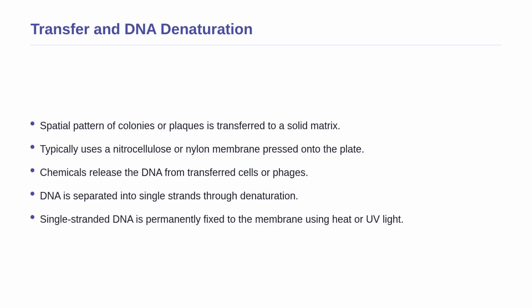Next, we undergo a process called denaturation, which separates the double-stranded DNA into single strands. Finally, we permanently fix this single-stranded DNA to the membrane using heat or ultraviolet light. This creates a stable, exact replica of the original plate's genetic layout, ready for the next crucial step.